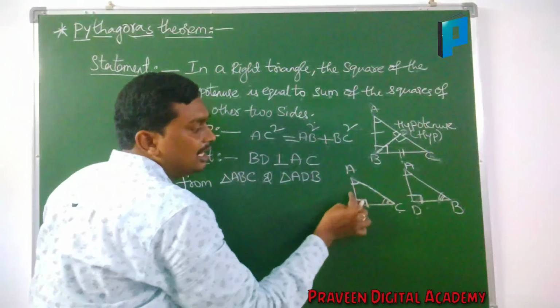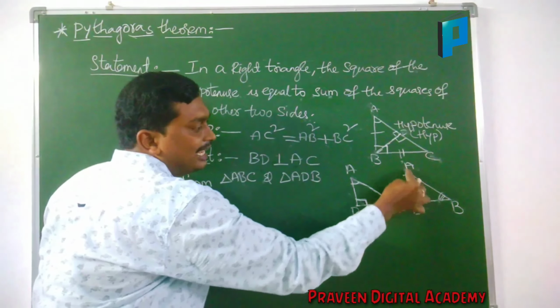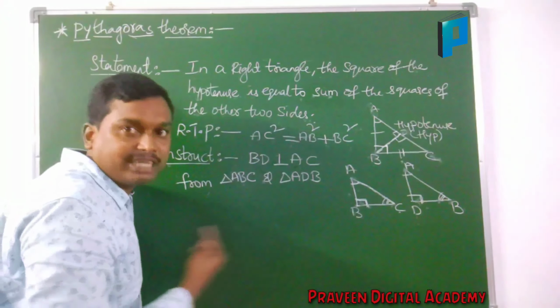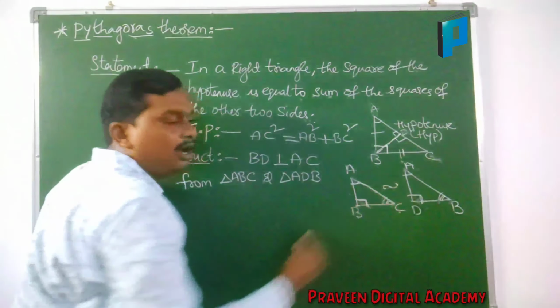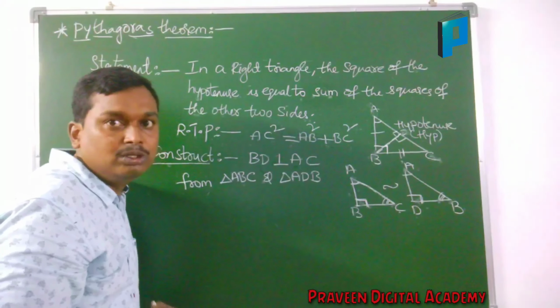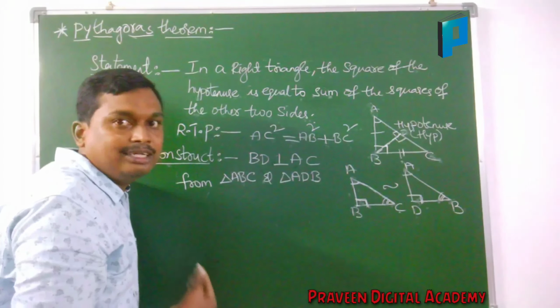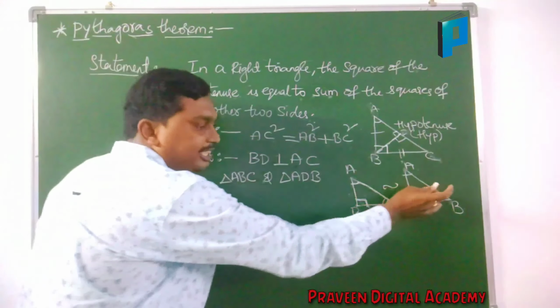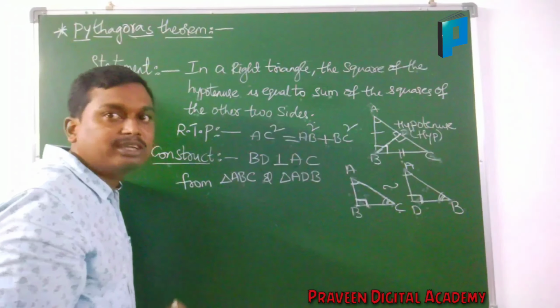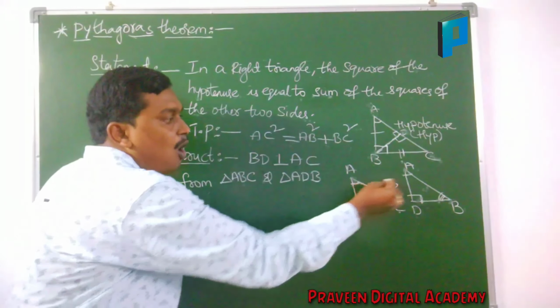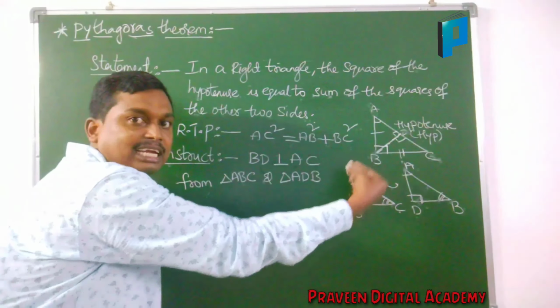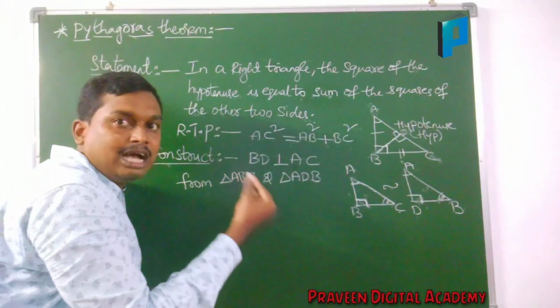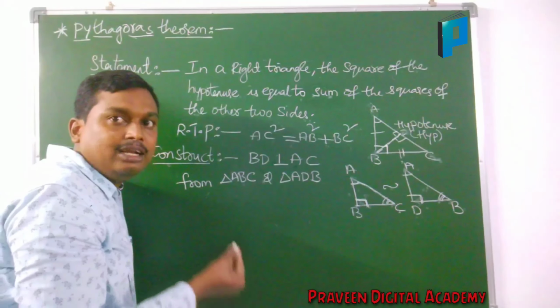If all the angles of the first triangle are equal to all the angles of the second triangle, then both are similar to each other. Both shapes are equal, not the sizes, because all the angles of the first triangle are equal to all the angles of the second triangle.